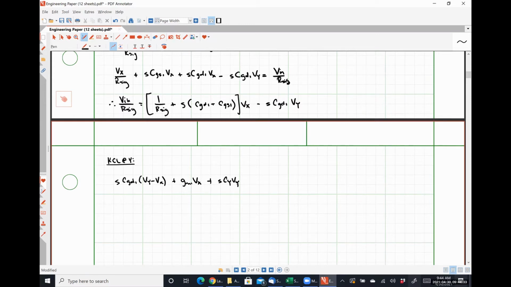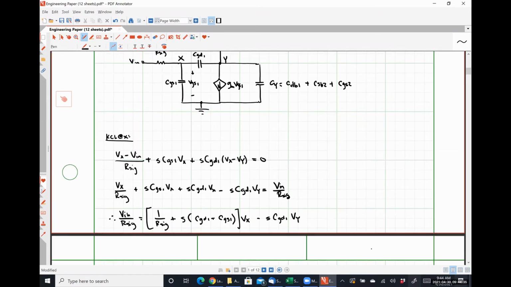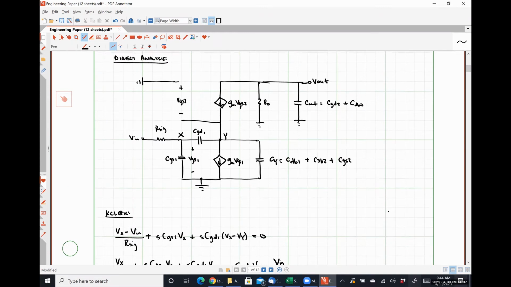S CY Vy. And then if we look up here, we can see that VGS2 is exactly equal to negative Vy by inspection, right? The negative polarity terminal of VGS2 is connected to node Y, positive polarity terminal is connected to ground, so Vy is equal to negative VGS2.